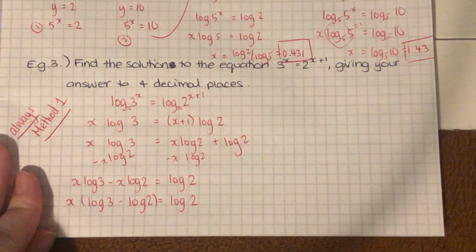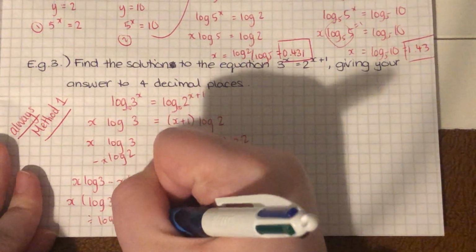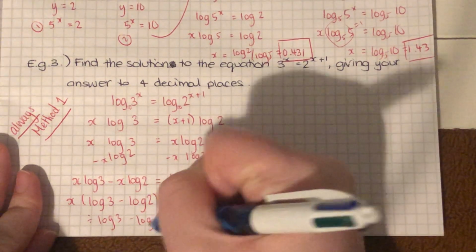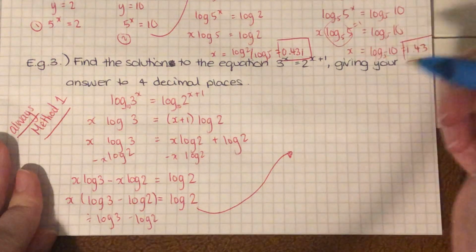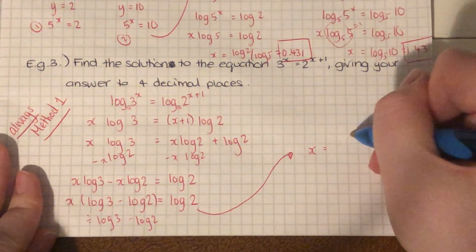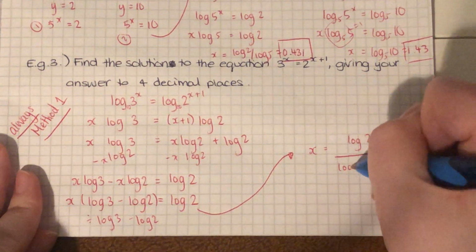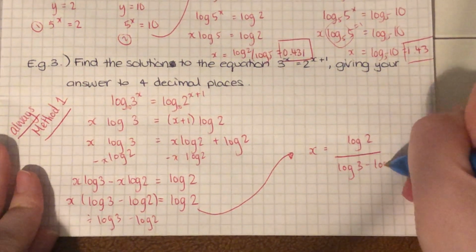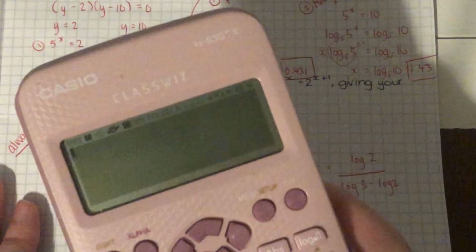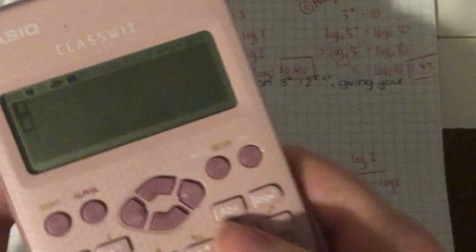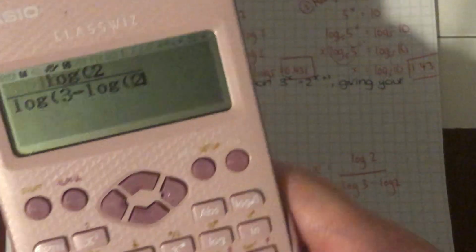And then we divide by the bracket. So x is equal to the log 2 that was originally there, divided by log 3 minus log 2.